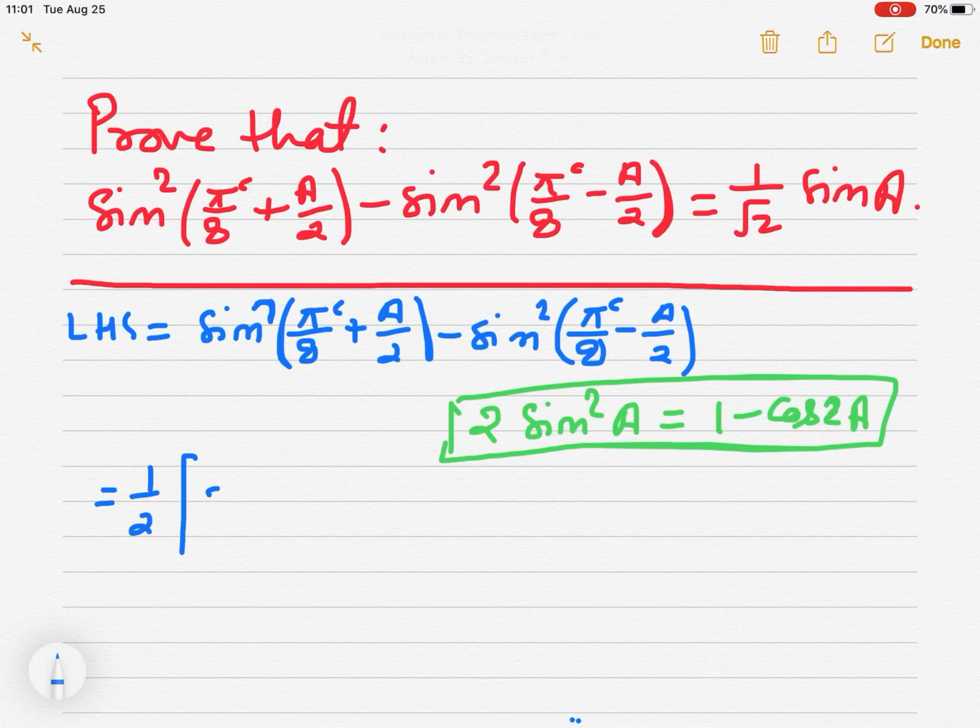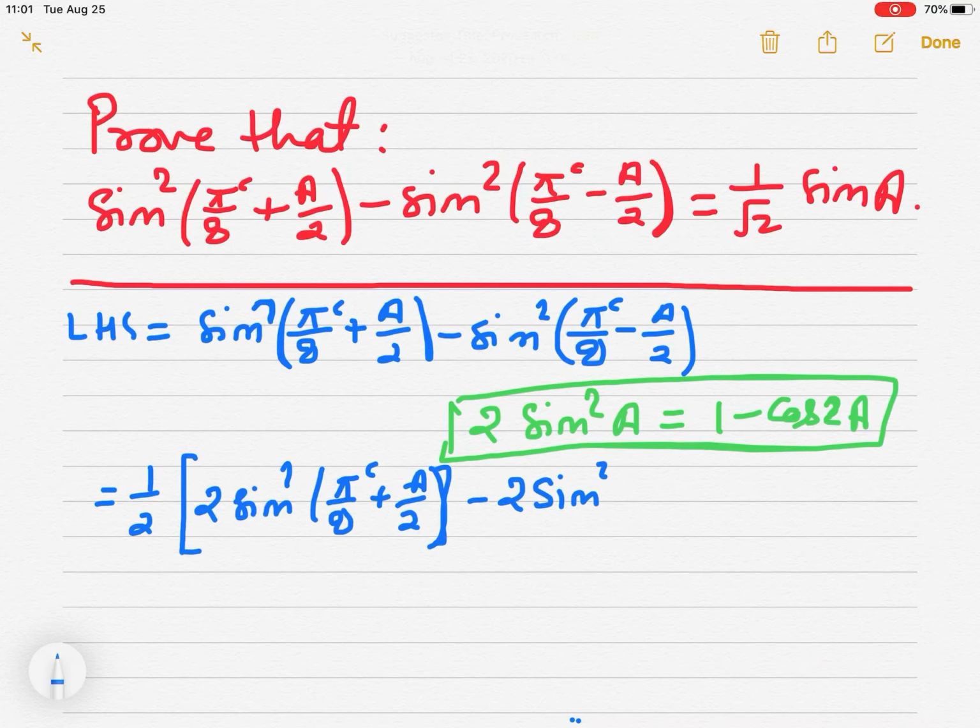Then this is equal to 1/2 [2 sin² (π/8 + A/2) minus, sorry, this small bracket, minus again 2 sin² (π/8 − A/2). We can close the square bracket here.